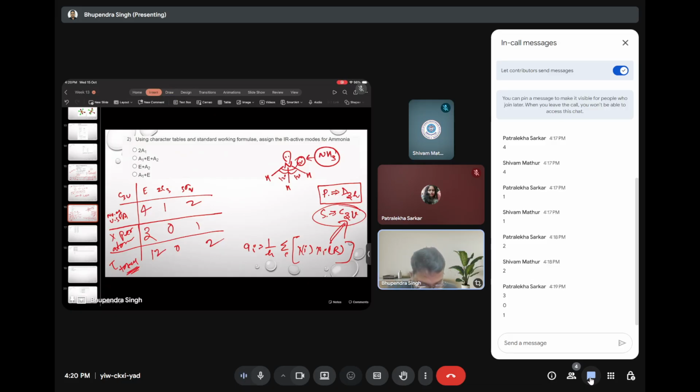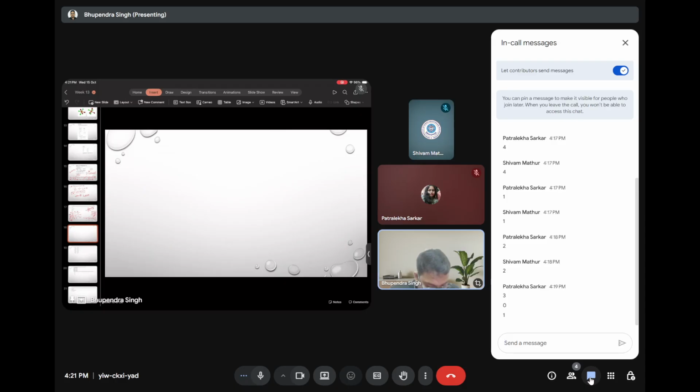Now let's move to another slide. Tau total, 12, 0, 2. For the irreducible, you need the character table also.